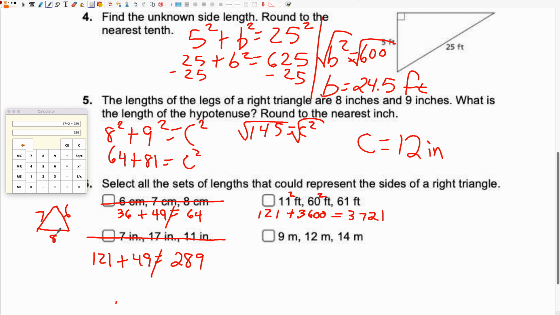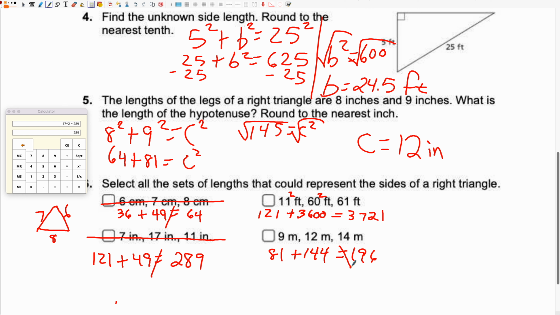All right, so this one would be 81 plus 144 equals 196. That's not true. Wouldn't that be 230? So, yeah, and if it helps you, I'm kind of skipping a step here.